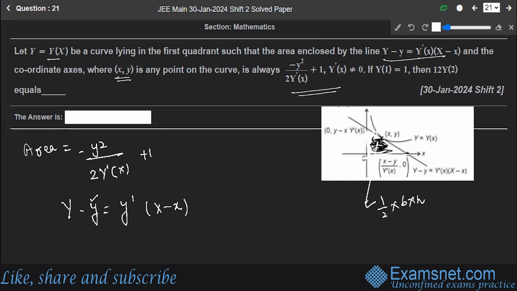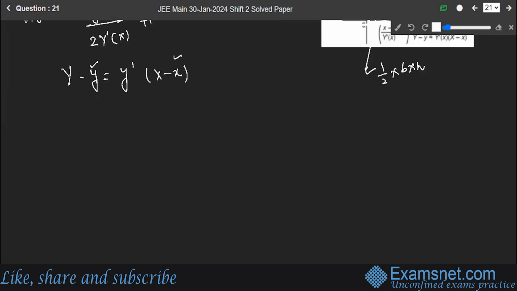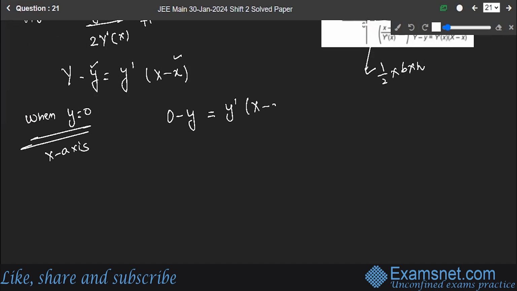These are the coordinates x, y. And for the point of intersection with the x-axis, when Y is equal to 0, you will have 0 minus y is equal to y dash into X minus x, or minus y upon y dash plus x is equal to X.